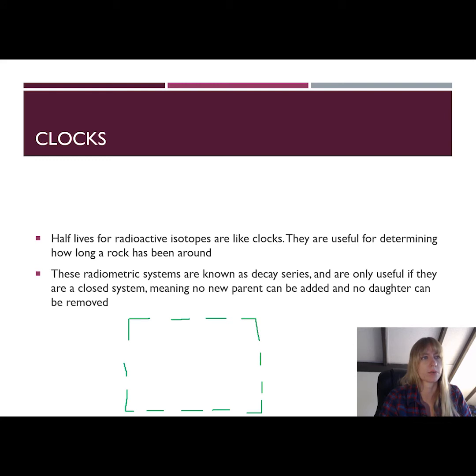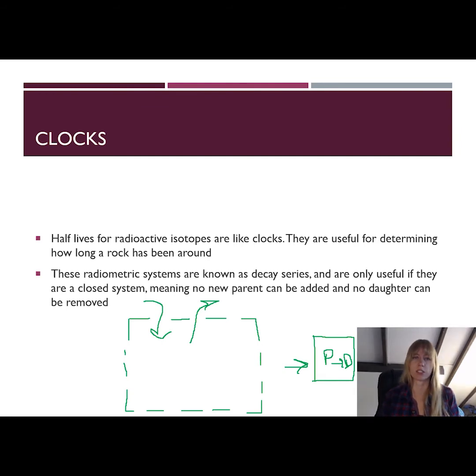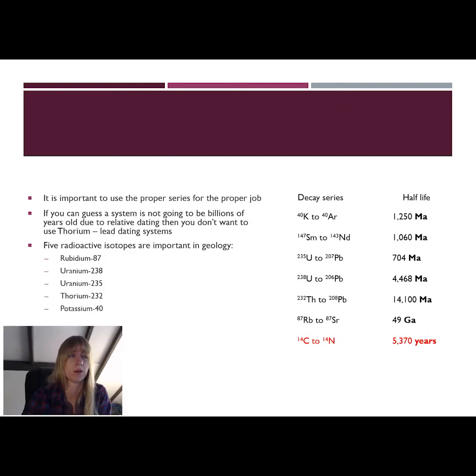If that helps understanding, which means your daughter can escape and a parent can still come in, versus a closed system being a solid box where no new parent can come in and no new daughter can escape, meaning that your clock can start ticking and you can start seeing, okay, here's how much parent should be in there, and here's how much daughter should be in there. Or based on how much daughter there is, you know roughly how old it is.